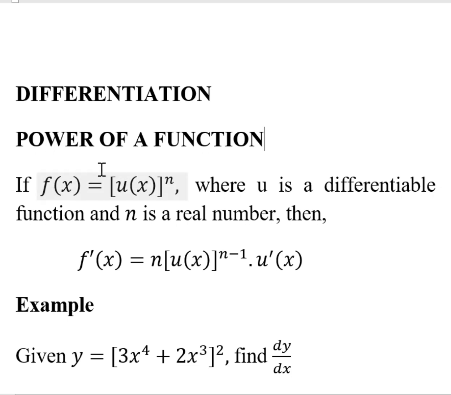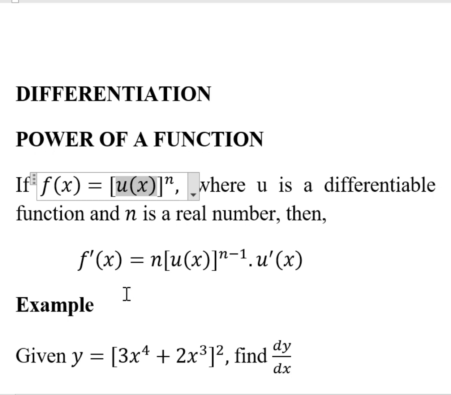So if we are given a function of x, which is given as a particular function, the whole of which is raised to a particular number, where u is a differentiable function and n is a real number, then we find the derivative by taking n times the whole of this function raised to power n, we subtract 1 from the power, times the derivative of this function that has been raised to this power.